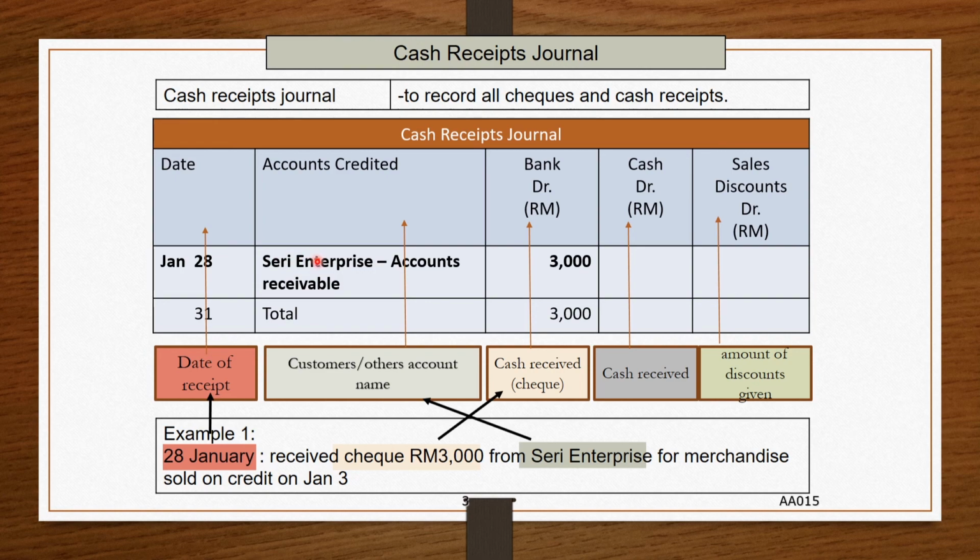The account credited is Seri Enterprise, which represents account receivable. And we have to record the bank account 3,000 because we have received check. Check represents bank account. So the amount is 3,000 given in the question. So this is the format for cash receipt journal.